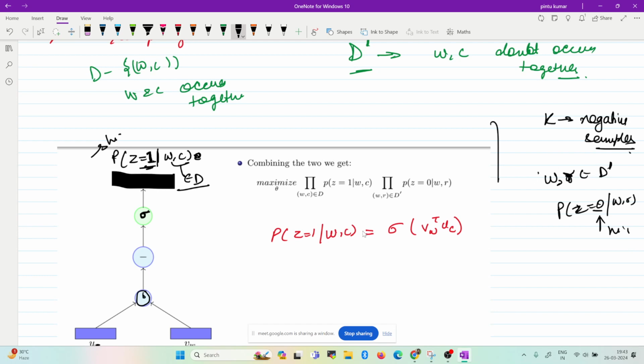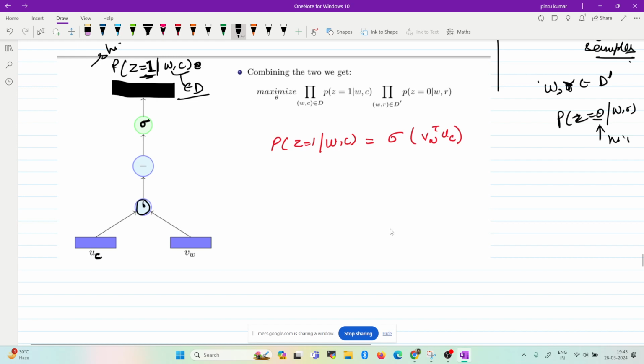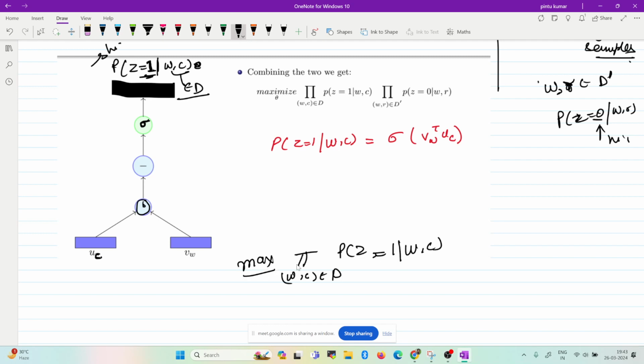So the objective is that for all the positively occurring pairs, if W comma C belongs to D, I want this probability to be maximized, and for the others I want the corresponding probability to be maximized as well.